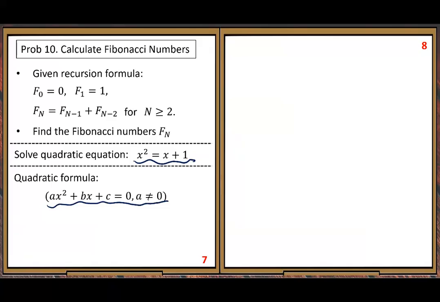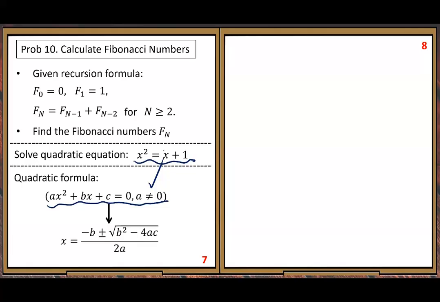So with coefficients A, B, C, in order to get a valid quadratic equation, we need to assume the leading coefficient A cannot be 0. Otherwise, it's not a quadratic equation. It becomes a linear equation, right? So under this condition, we can write out the quadratic formula.